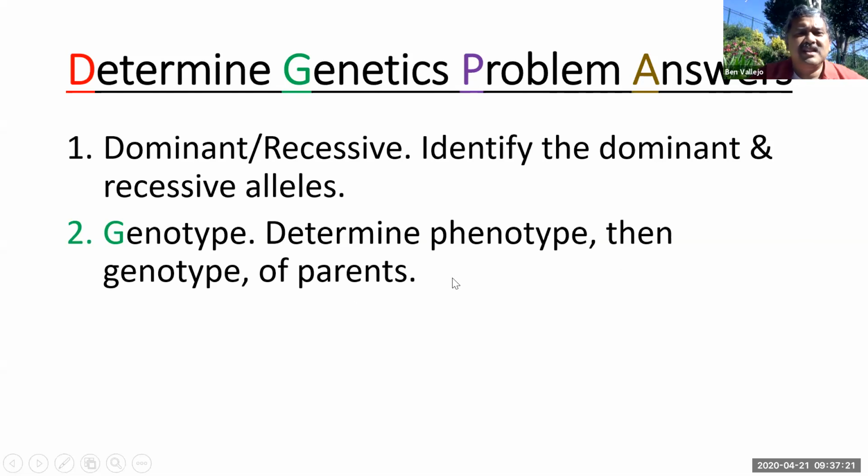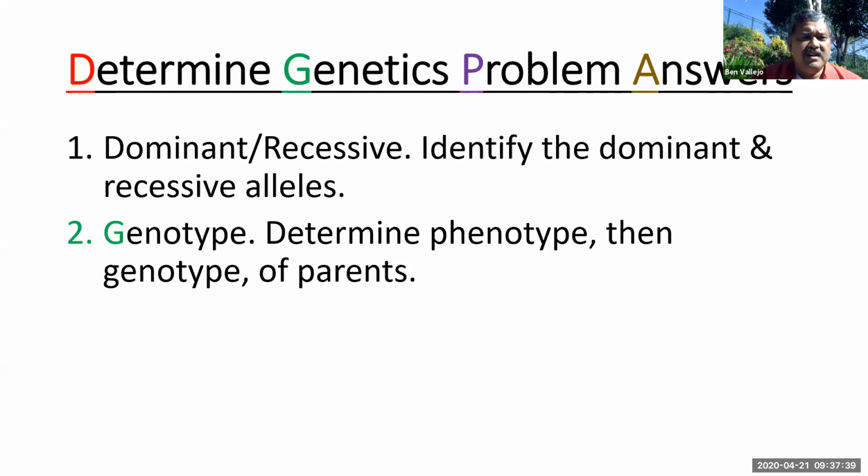Remember, the phenotype is the outward appearance, or more properly, the expressed trait. And then the genotype is the two-letter combination of alleles or forms of the gene. You can have two copies of the same allele.